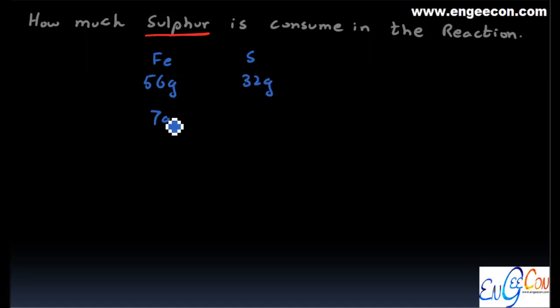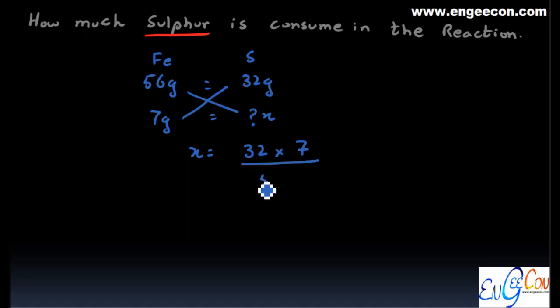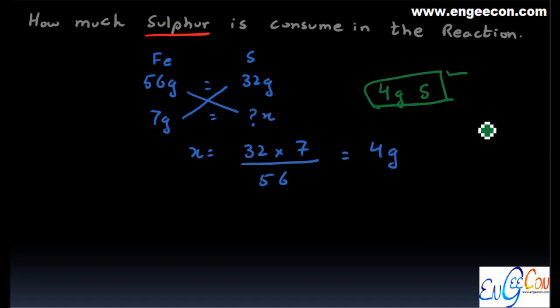So 7 gram of iron consumes how much sulfur? Similarly, by cross multiplication we get X is equal to 32 multiplied by 7 divided by 56, which is equal to 4 gram. So 4 gram of sulfur is consumed in the reaction.